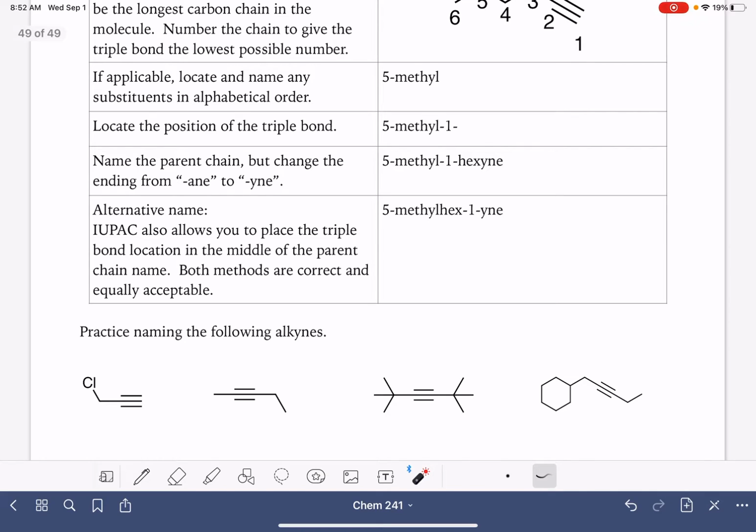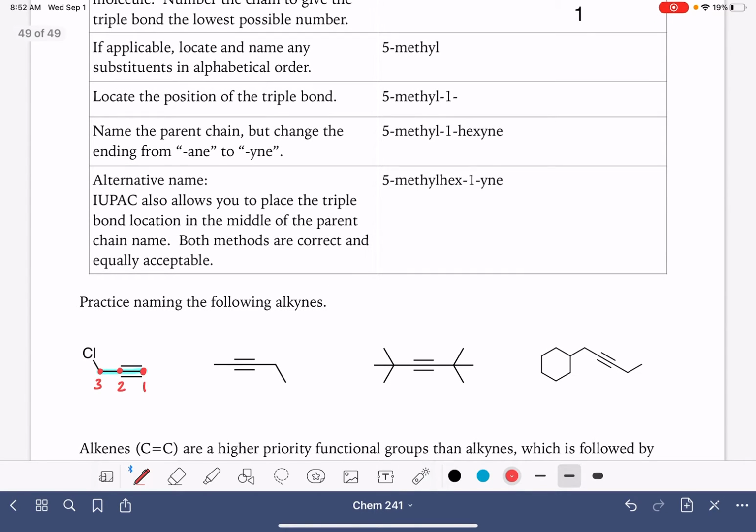Let's practice with these alkynes down here. First, I'm going to be finding the longest carbon chain that contains the triple bond, and it's going to be right here, like this. Now, because of the way that we represent the carbons in a triple bond, it can sometimes be easy to lose some of the carbon atoms. So maybe you want to put some dots or something to help you locate all of the carbon atoms in the line structure.